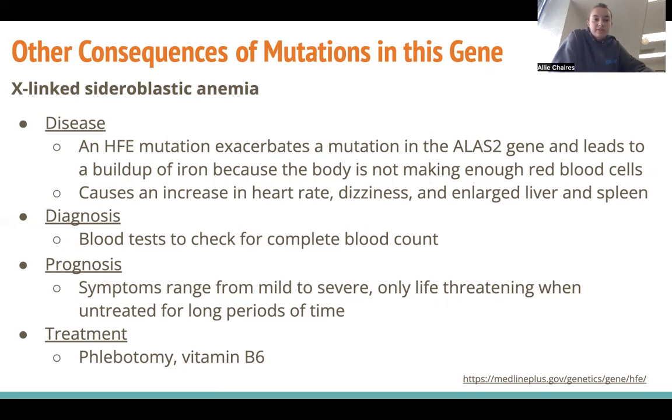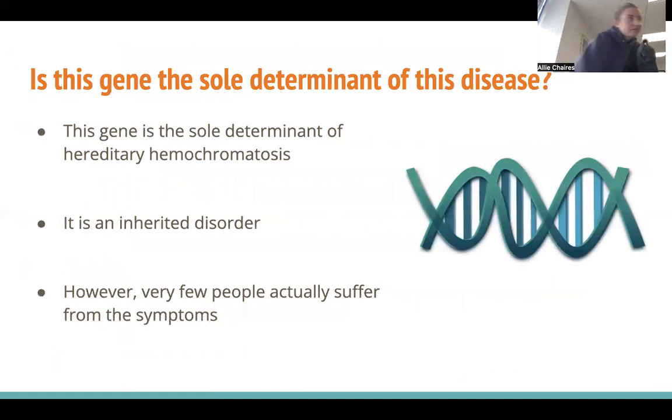The diagnosis is found through blood tests to check for complete blood count. The prognosis is that symptoms range from mild to severe, only life-threatening when untreated for a long period of time. And the treatment is phlebotomy and vitamin B6.